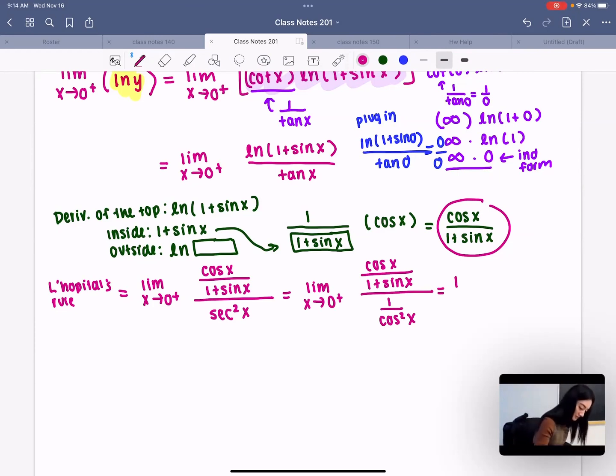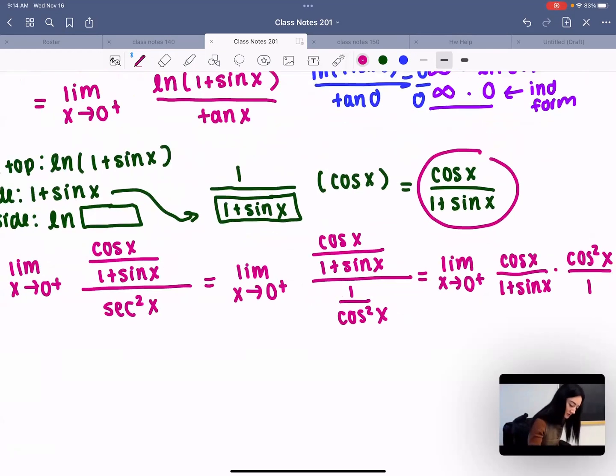So this is the limit as x goes to 0 plus of cosine of x over 1 plus sine of x, keeping that the same, changing the division into multiplication, and flipping over 1 over cosine squared x to be cosine squared x all over 1. And I know you can't see that, so let me zoom in here.